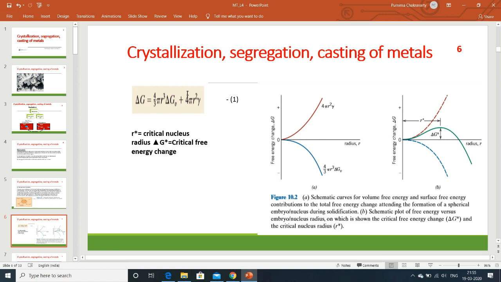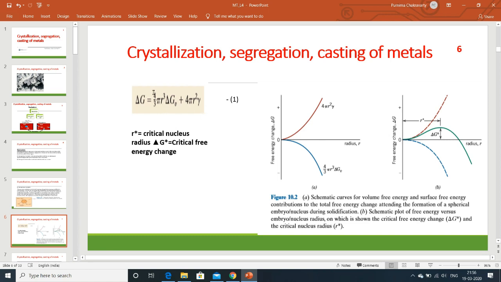So the total free energy of the system in this nucleation is a combination of volume free energy plus surface free energy.